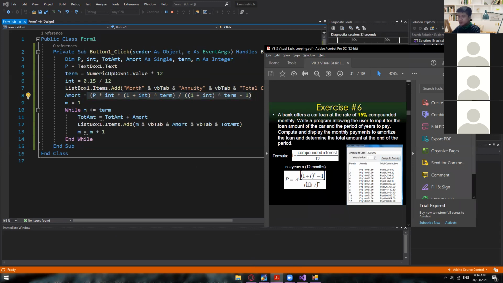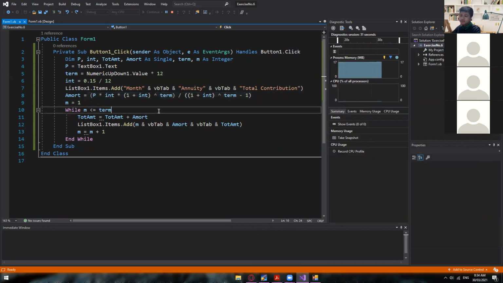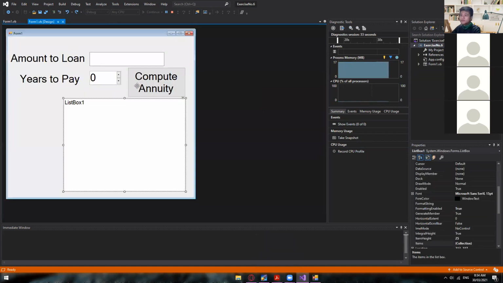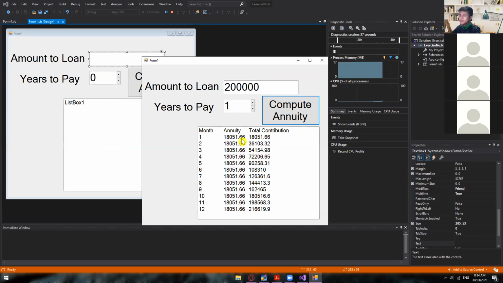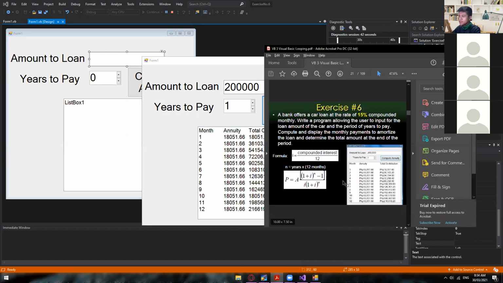Just interchange those two and you will get the same answer. So I guess I should change this one. So maybe there is a mistake regarding this one. All right, so yeah, there you go. That's it for the computation for exercise number 6.